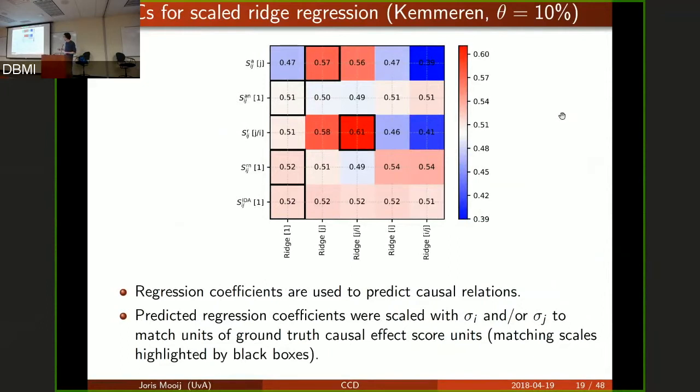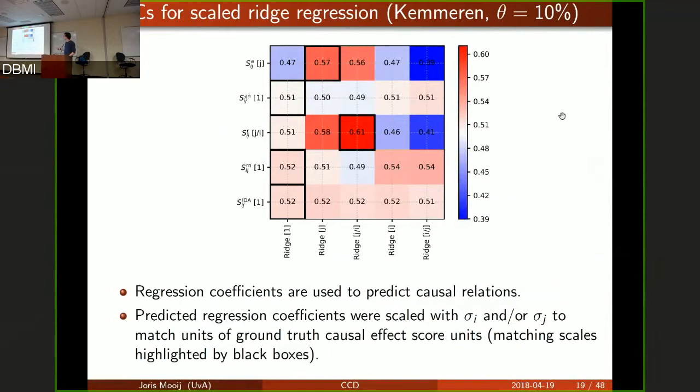And here you see, vertically, different ground truth measures that you could use. Horizontally, you see different ways of scaling the outputs, the predictions of ridge regression, to get different units just by scaling them with sigma i's and sigma j's. And the first thing that you see is that the scaling has a large effect on the AUC.